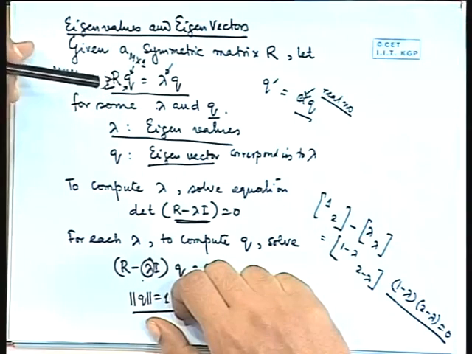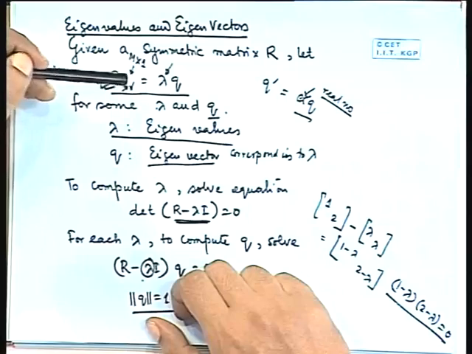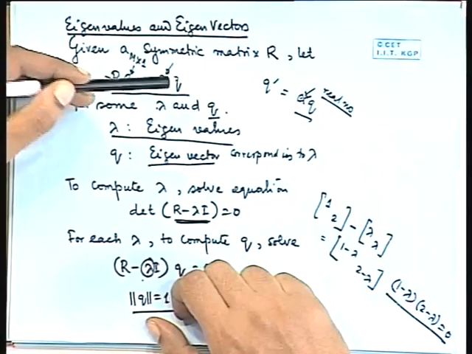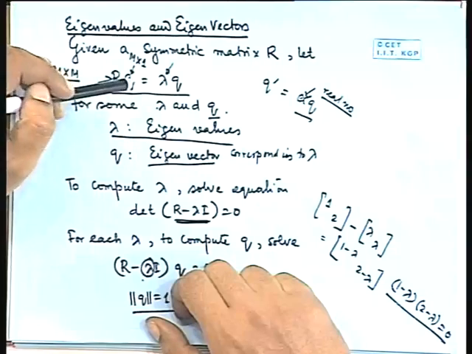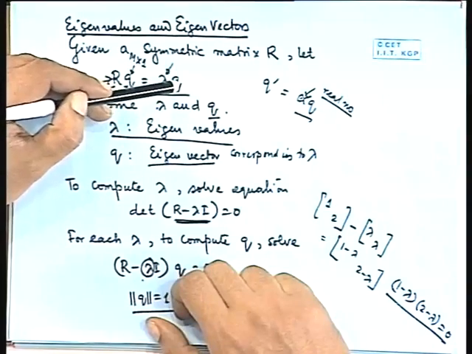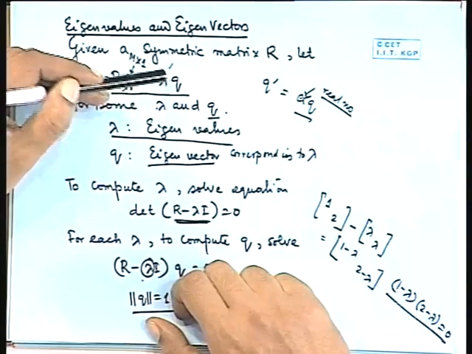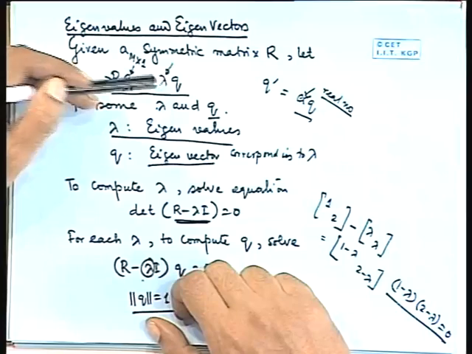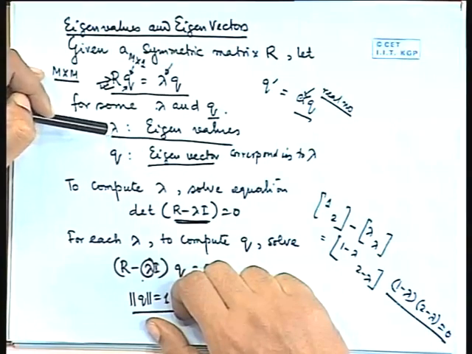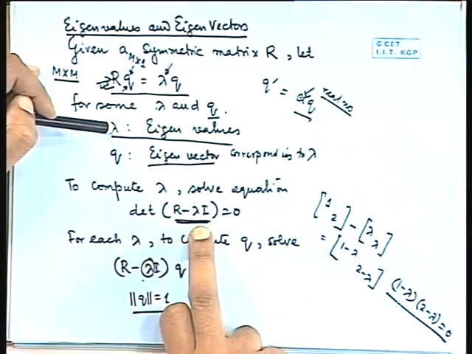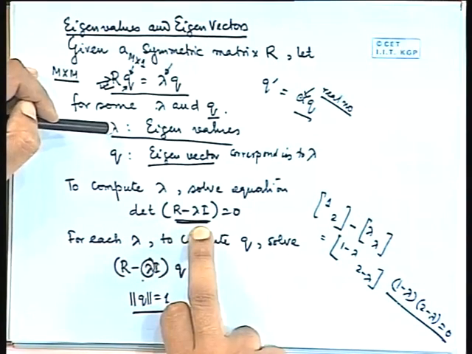So m into m into 1 becomes m into 1, and this is a number into an m into 1, so the dimension is matching. The vector which satisfies this for some lambda, and this lambda is not arbitrary, it is a particular lambda, is called an eigenvalue, that can be solved from the equation determinant of R minus lambda I equal to 0.